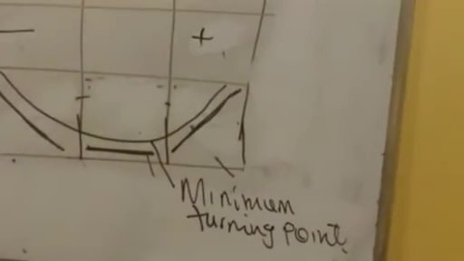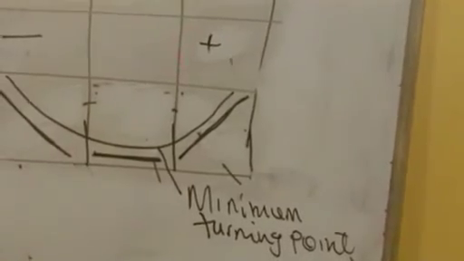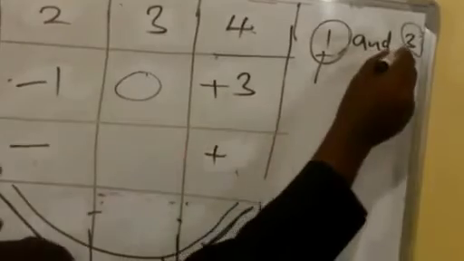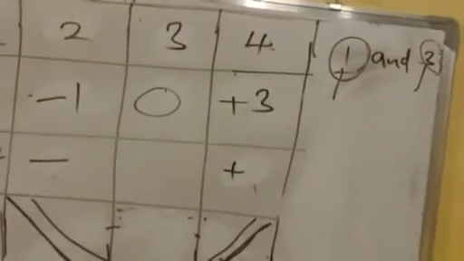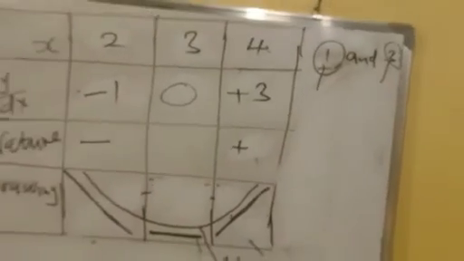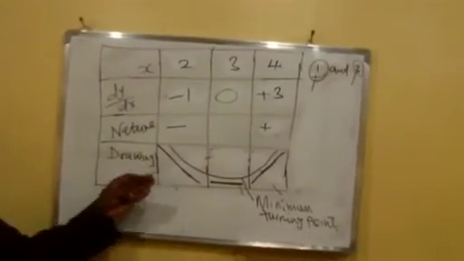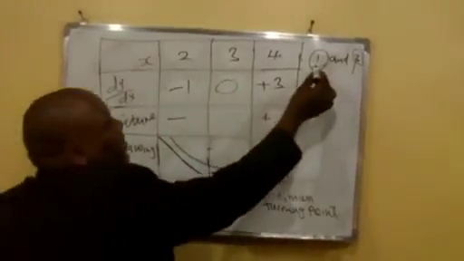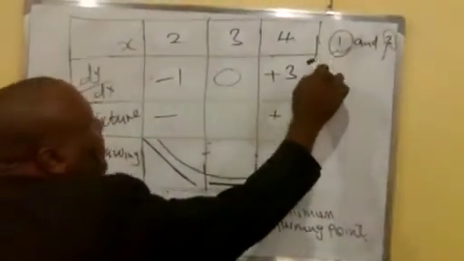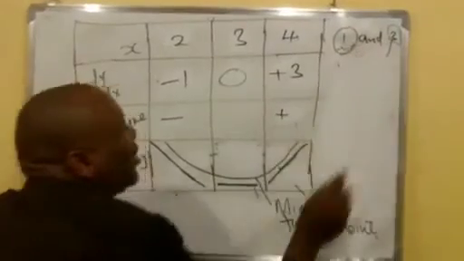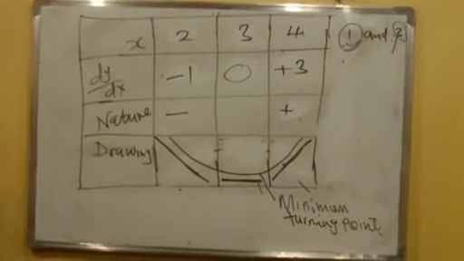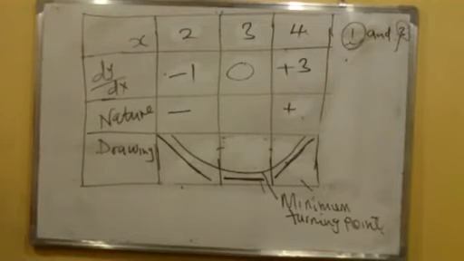So 1 is a maximum turning point and 3 is a minimum turning point. We are well placed now to sketch these points and tell the nature of these two points. The nature of the first point, x equals 1, is maximum, and the nature of 3 as a turning point is the minimum point on that curve.